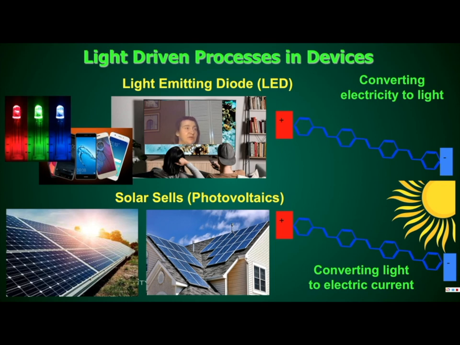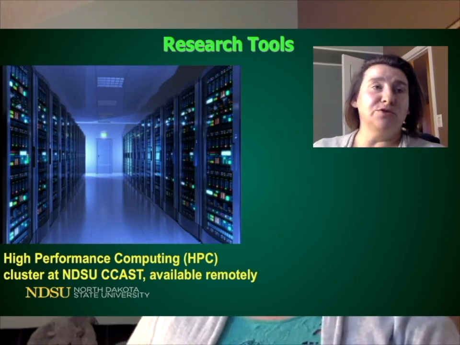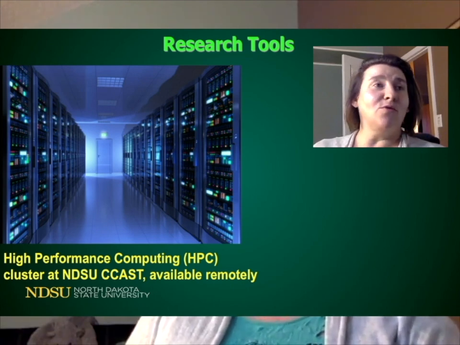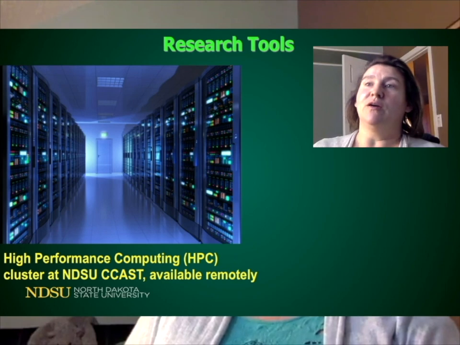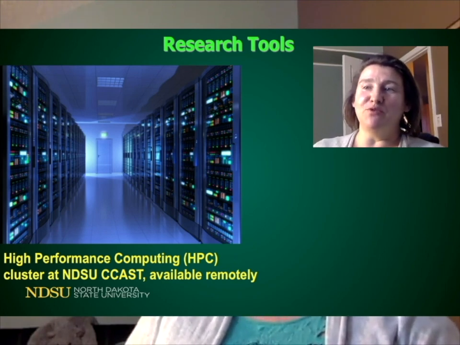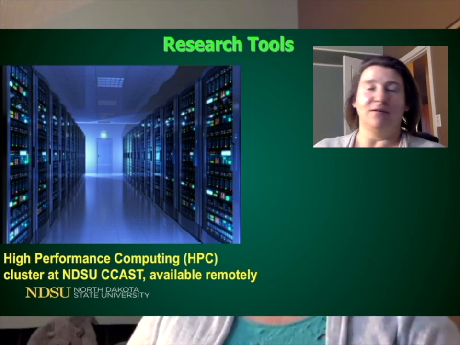These processes we study in our research and model with computers. What are the tools we use to model these processes in different materials? First of all, the things which we do can be done remotely, using high-performance computing clusters, which are located at NDSU at the center with the name CCAST.